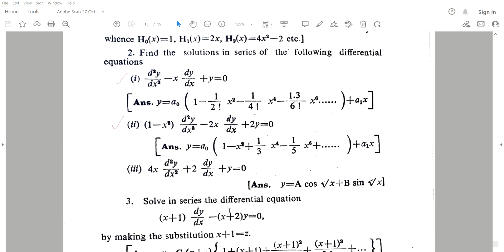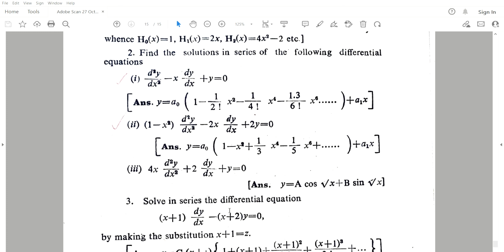Differential equations come from the physical problems in our practical world. That is why we are just learning the methods.